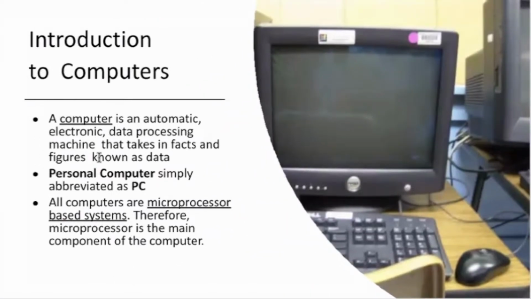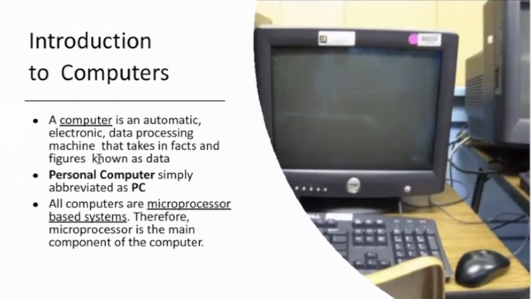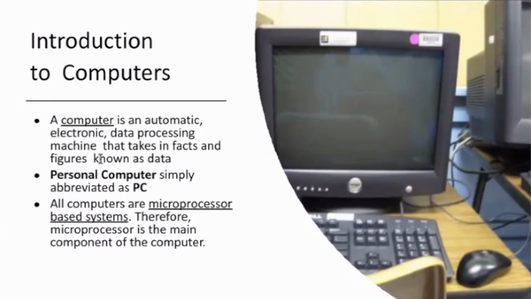Okay. So what are computers? What is the introduction of the computer? You all know a computer is an electronic device. So we need power to power on our computer. And this is a data processing machine. What does that mean, a data processing machine?